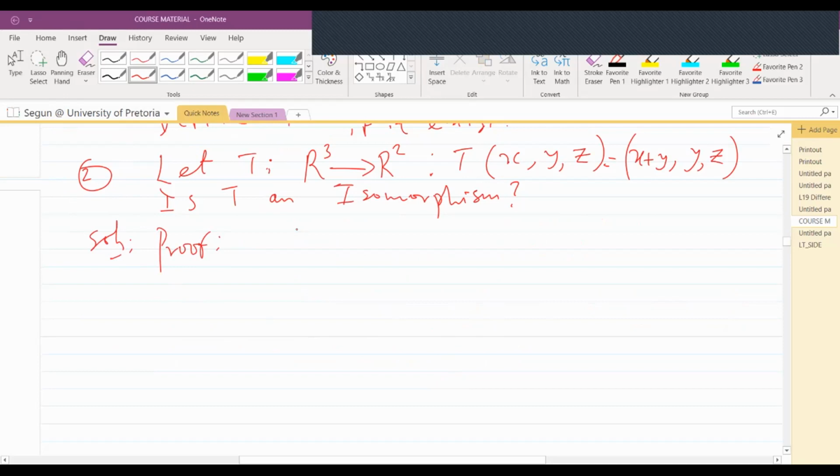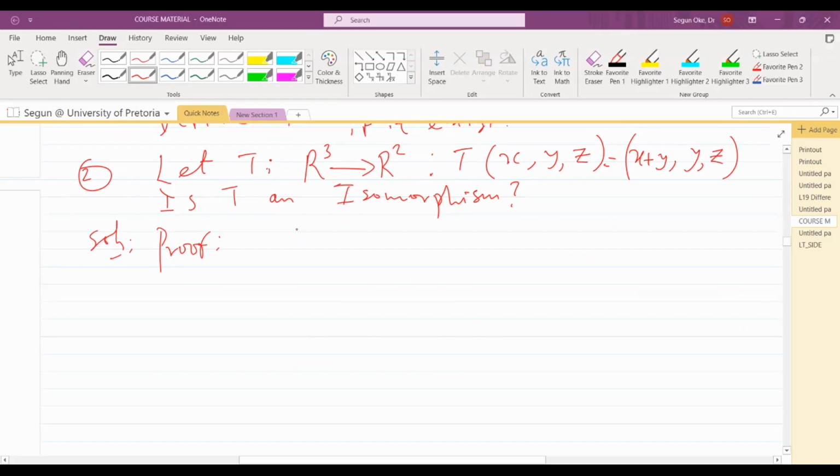The first thing you need to assume in the first one is what? Can we say, is it linear? Is the first one linear? It is linear, sir.